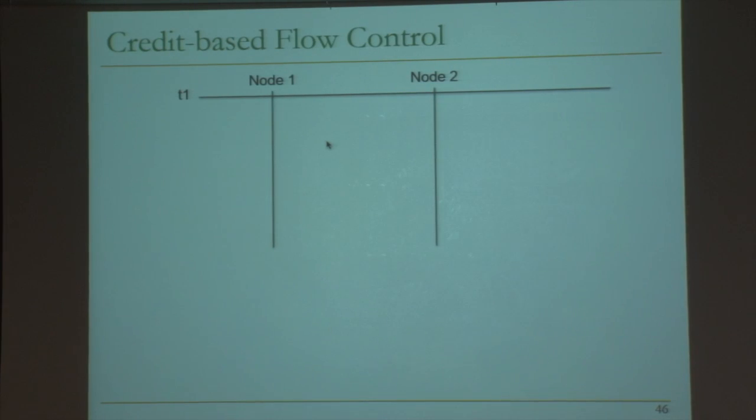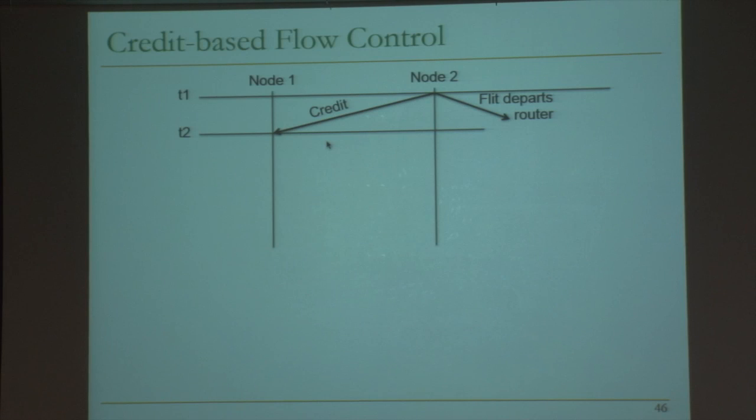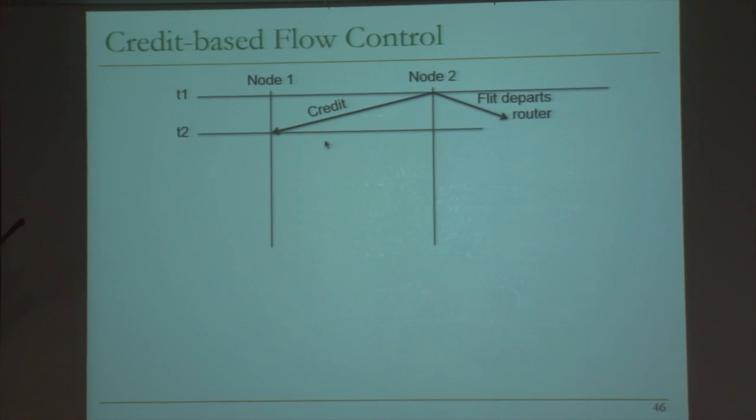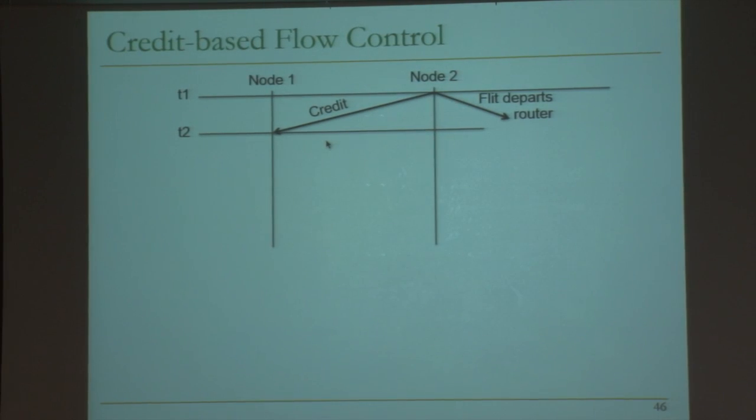So we're going to look at credit-based flow control and X-on, X-off in sort of a time graph. Let's say you have 2 nodes, node 1 and node 2, and time is advancing downwards. Let's say node 1 has already sent some packets to node 2. Node 2 at some point is ready to send packets further, the ones he received from node 1.